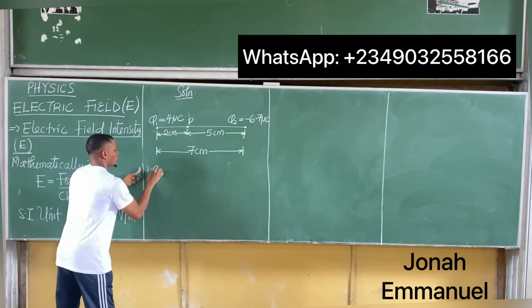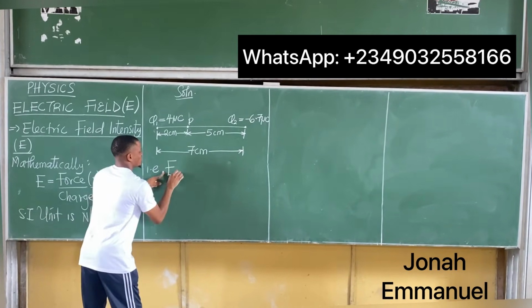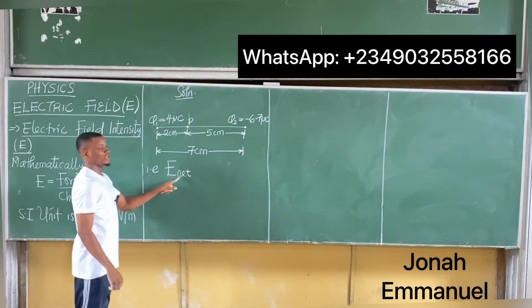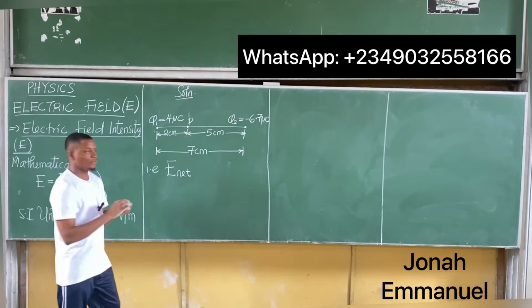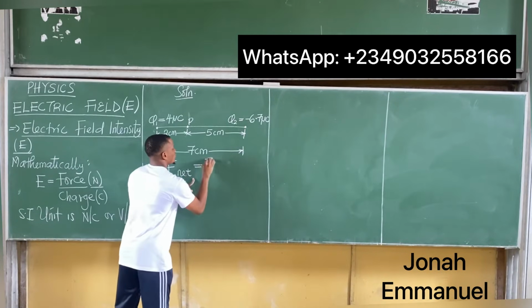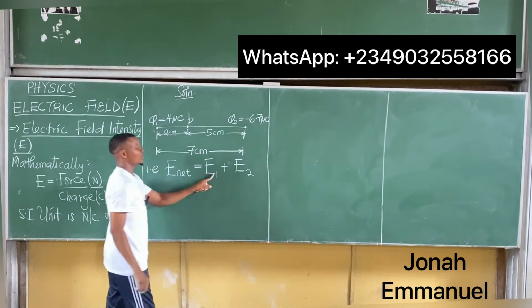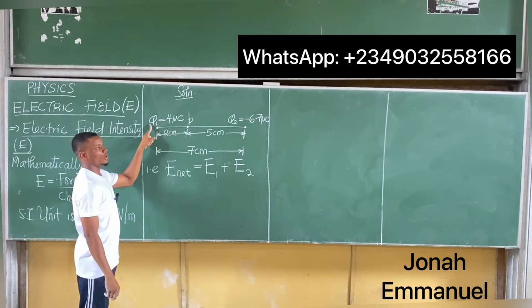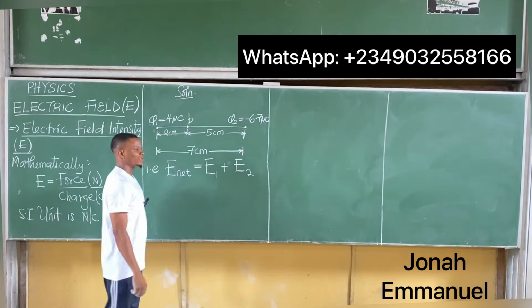So I'm saying that is E net. E net means the net electrical field or the total electrical field is equal to E1 plus E2. E1 is the electrical field due to charge 1, E2 is the electrical field due to charge 2.